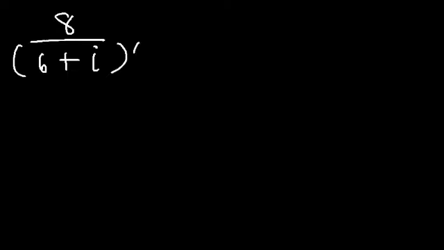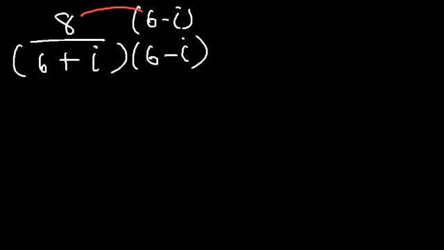Try this one. Divide 8 by 6 plus i. So just like the last example, we're going to multiply the top and the bottom by the conjugate of the denominator. So let's distribute 8 to 6 minus i. 8 times 6 is 48, and 8 times negative i is simply negative 8i.